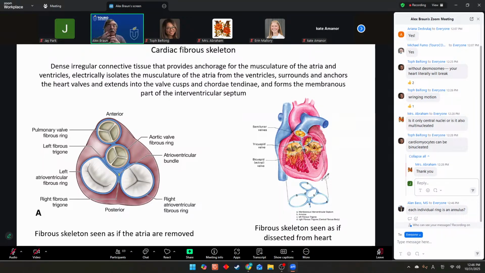This is an anchor point for the musculature of the heart. As you can see, the cardiac skeleton, although it's fairly thin and difficult to see in a heart, does perform some major functions in terms of cardiac structure and function.